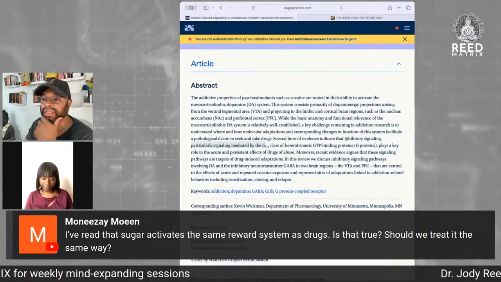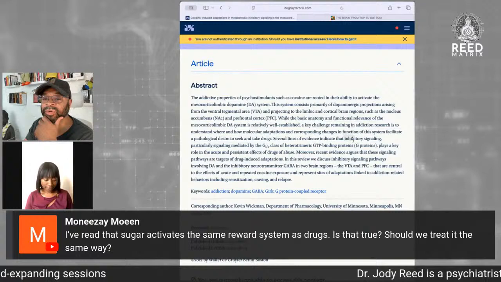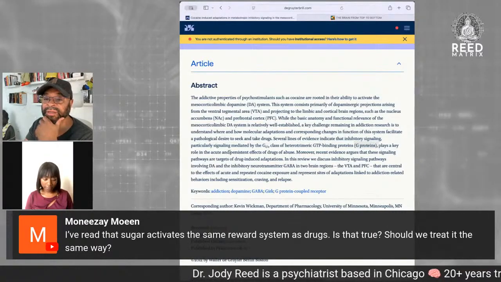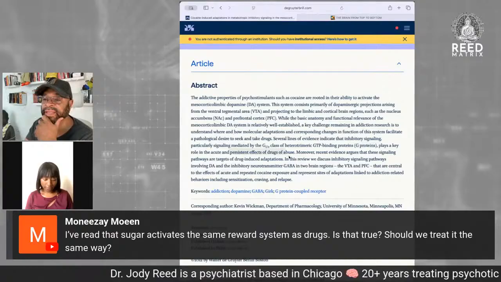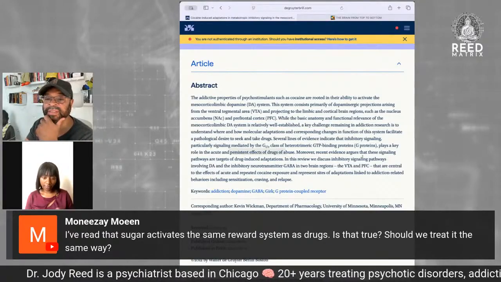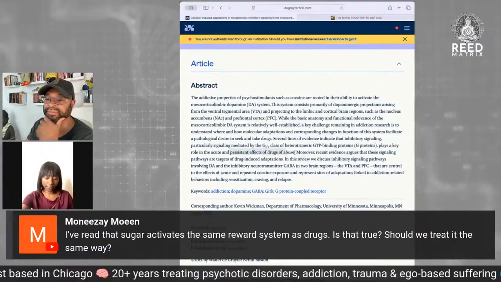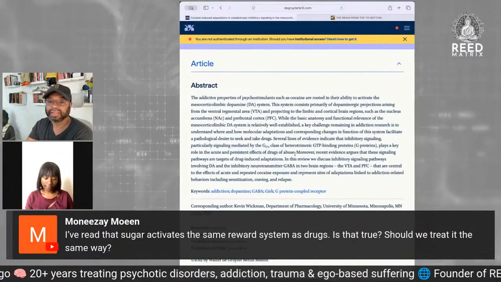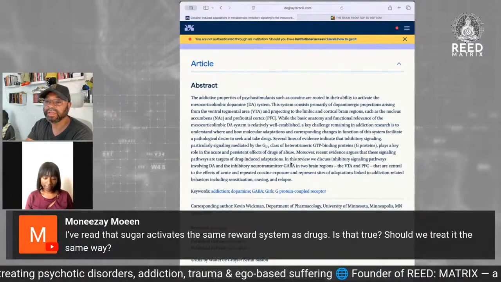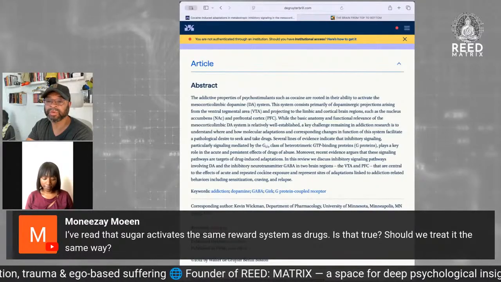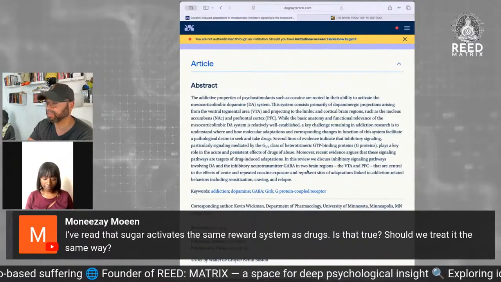So basically, inhibitory signaling changes in G proteins have persistent effects. Most recent evidence argues that these signaling pathways are targets of drug-induced adaptations. In review of this, we discussed the inhibitory pathways involved in dopamine and the inhibitory neurotransmitter GABA in the two brain regions.